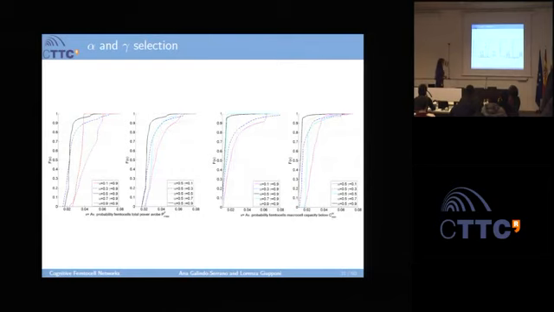In these plots, we represent the CDF of the probability to be out of the threshold in the whole learning period for the power and for the capacity. This is quite complex to see, we will see it in the next plot, but the idea I want to transmit is that the best combination is alpha 0.9 and gamma 0.9, because they give us the lowest probability to be out of threshold in the whole learning process.